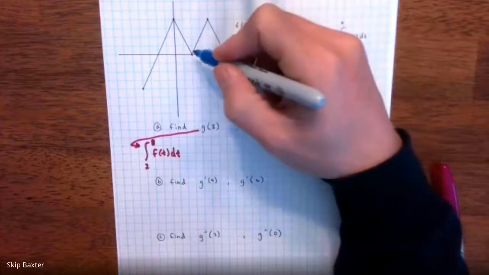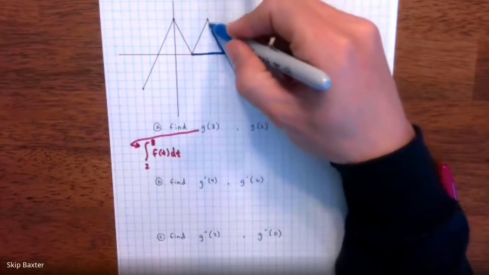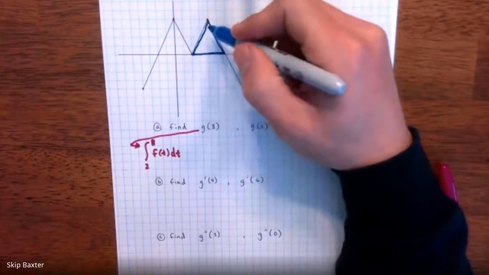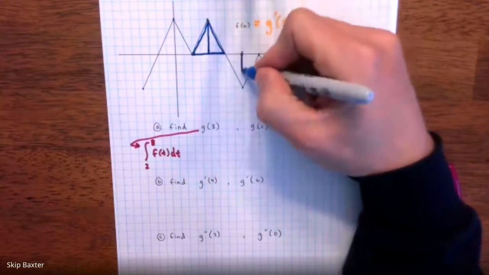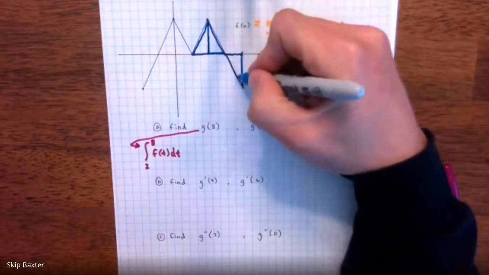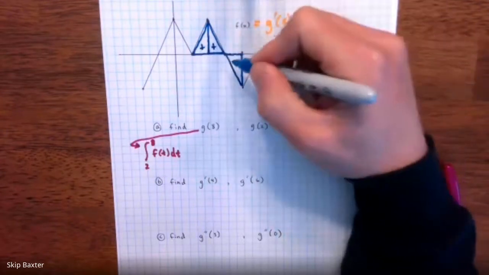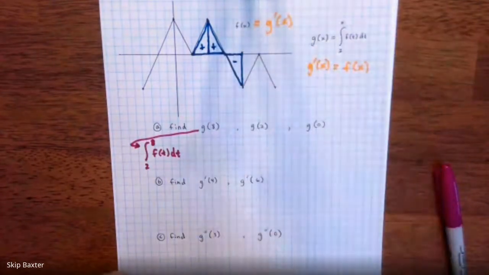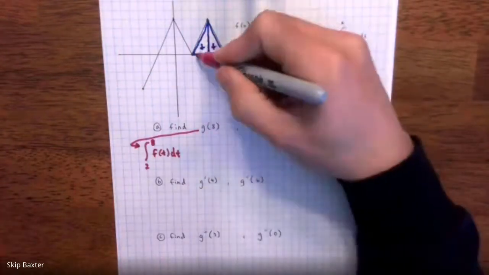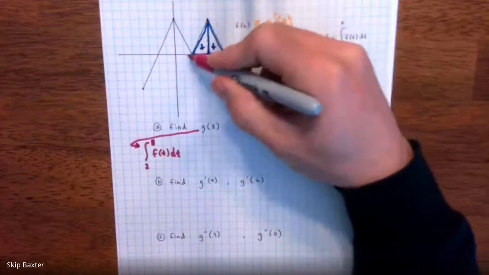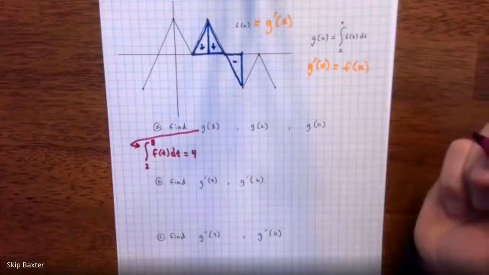So the area from 2 to 8 would be this triangle, which I could think of as two triangles like that, and then there's one right here. So this is positive, this is positive, this is negative. So really the total signed area would just be the area of this first little triangle. 1/2 base times height, 1/2 of 8, that's 4. The answer would be 4.